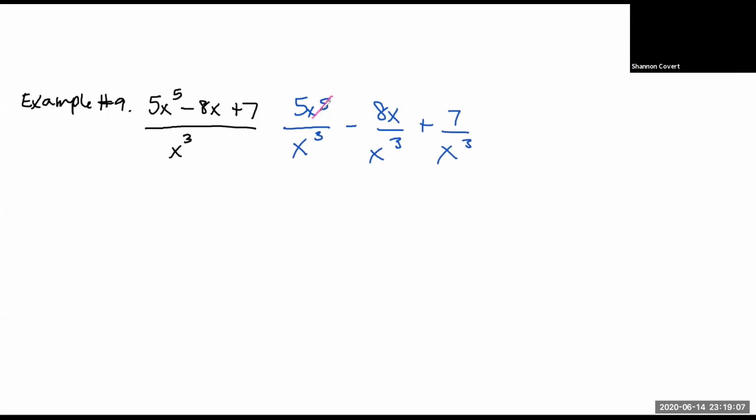X to the 5th over x to the 3rd becomes x squared, so I have 5x squared. 8x over x to the 3rd becomes negative 8 over x squared. And I can't do anything with 7 over x to the 3rd. So this is my solution. We have 5x squared minus 8 over x squared plus 7 over x to the 3rd.